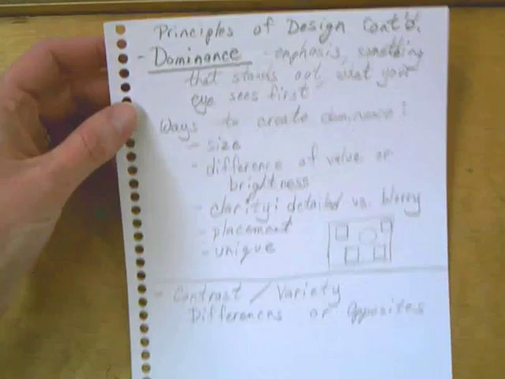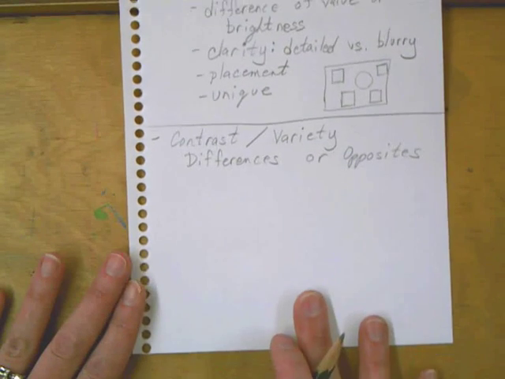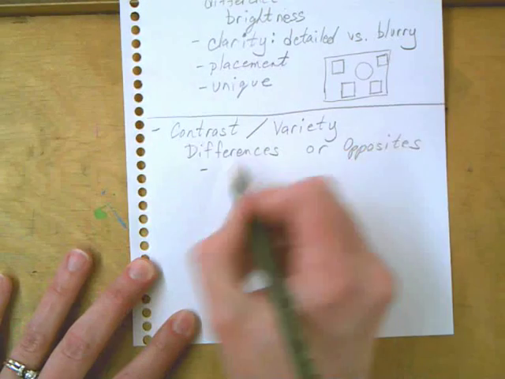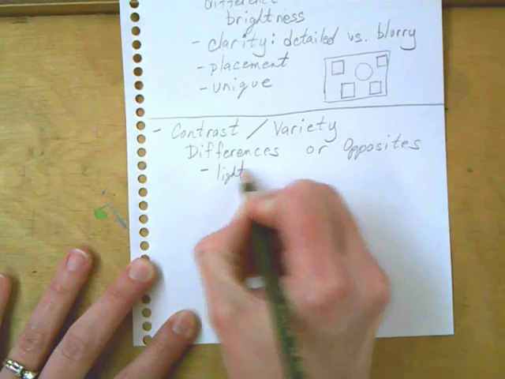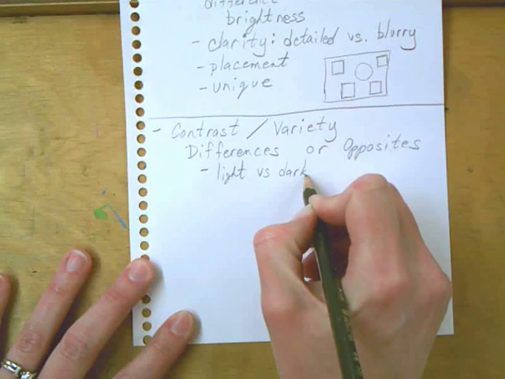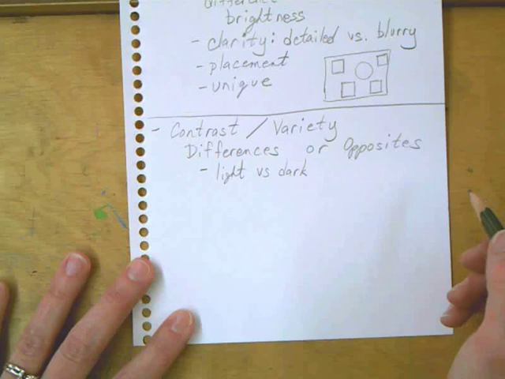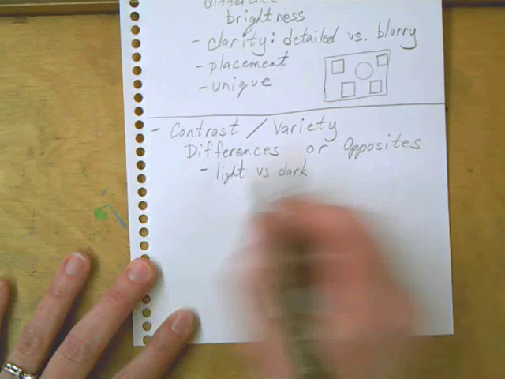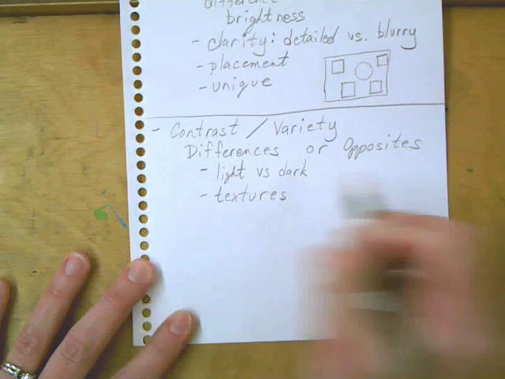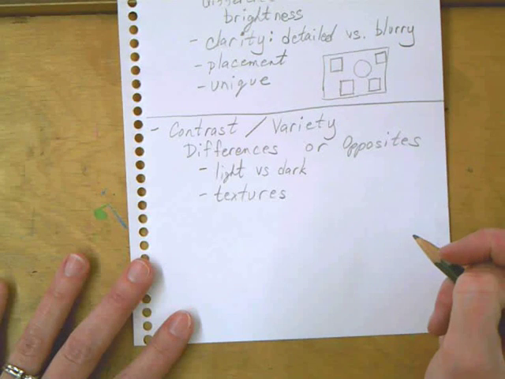You can have all kinds of contrasts and varieties. You can have light versus dark, so a light value versus a dark value. You can have differences in textures. You might have furry versus rough.